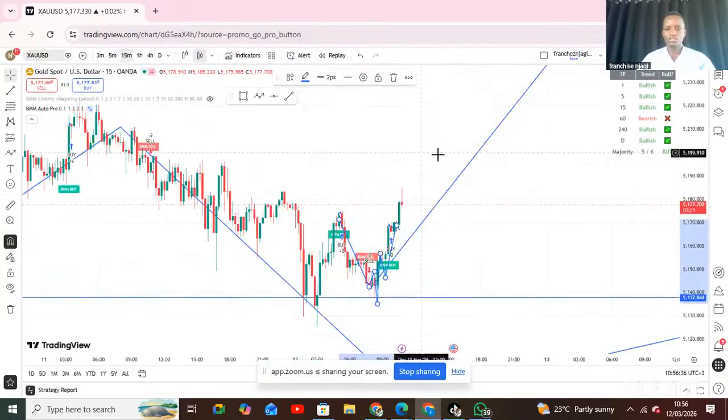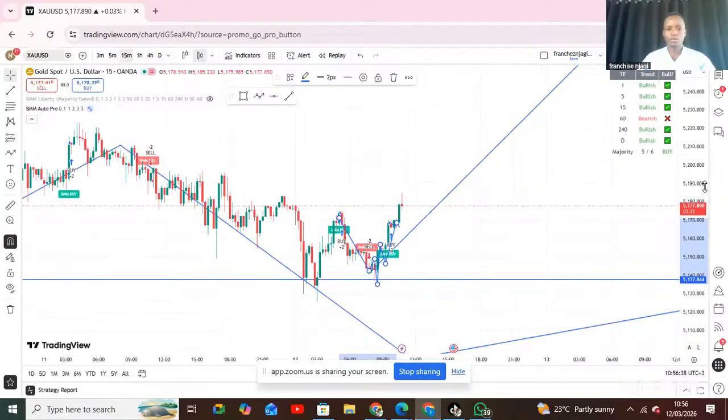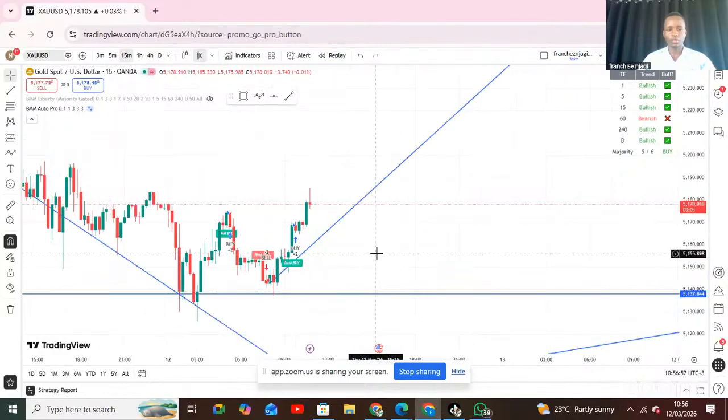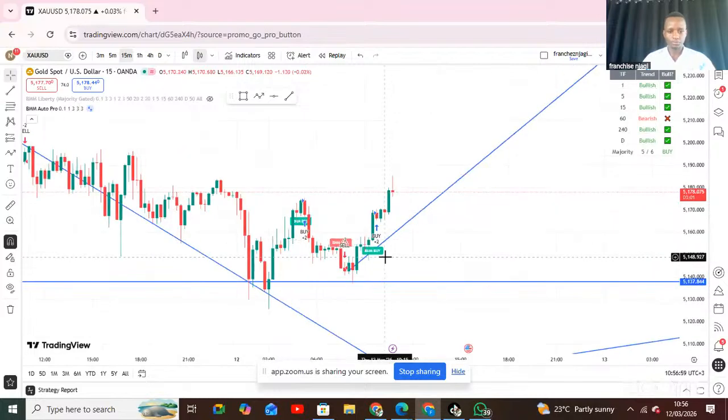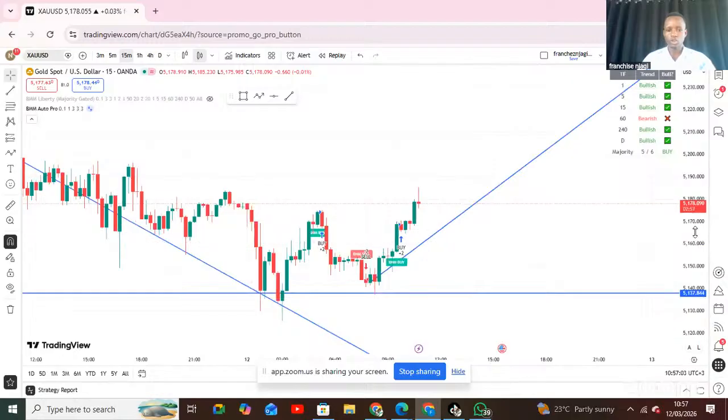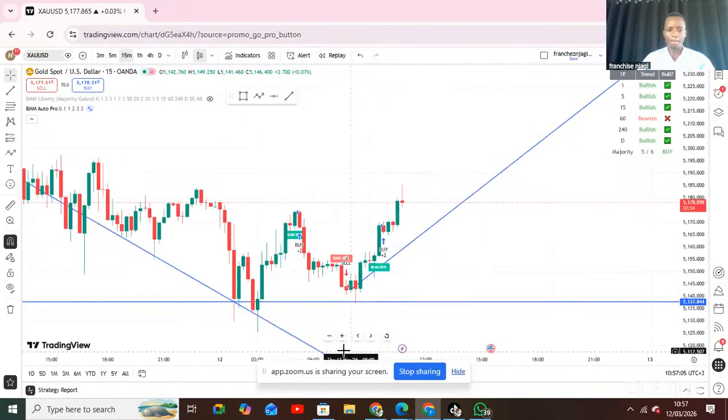Let's say, for instance, the reason why I'm not getting into the market now is because I don't have a clear position on my entry zone. If I had any clear zone, I would have already taken it.